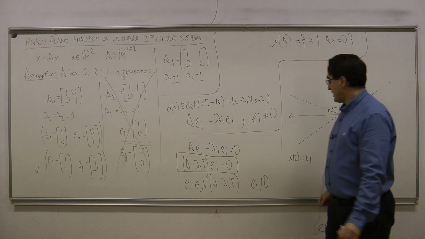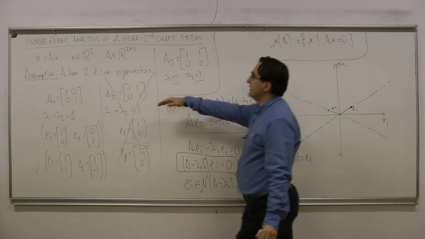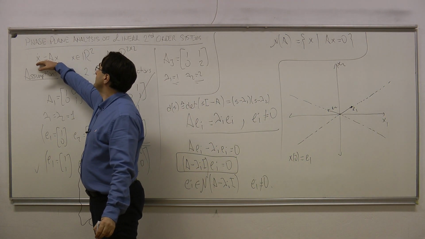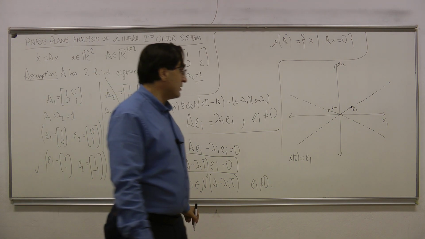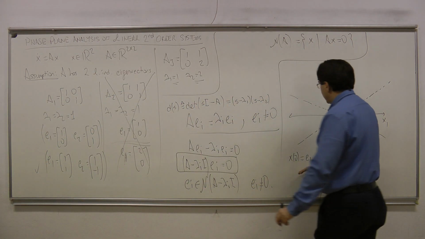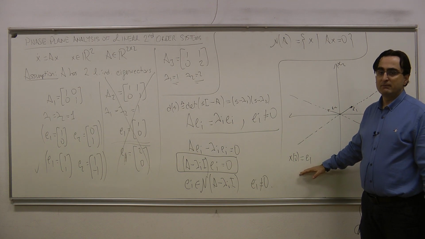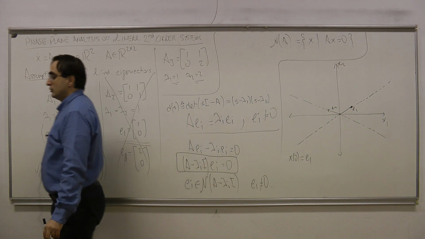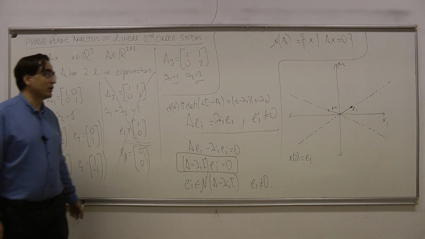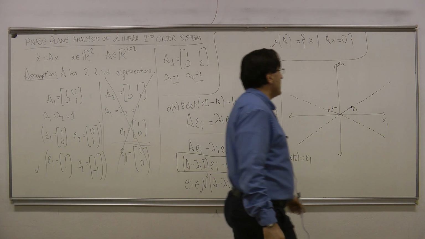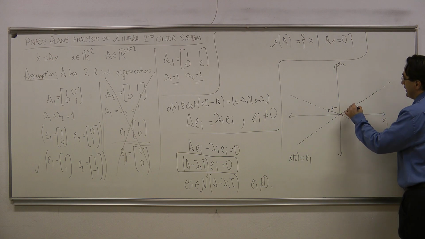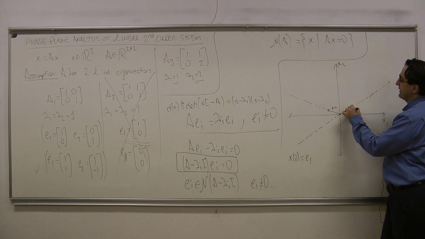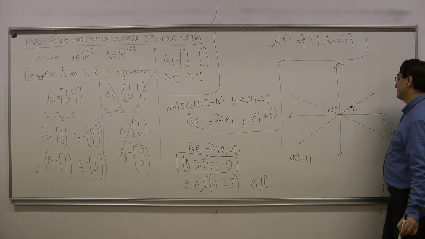I have a second order linear system like this, and I start my system exactly at the eigenvector. In that case, what is going to happen? How would the trajectory of this system behave when I start my system exactly on top of the tip of the eigenvector?